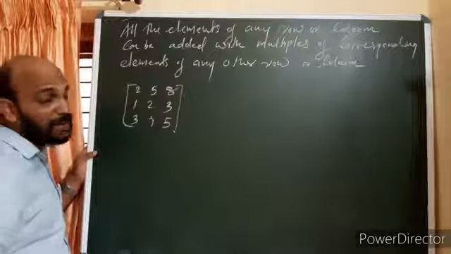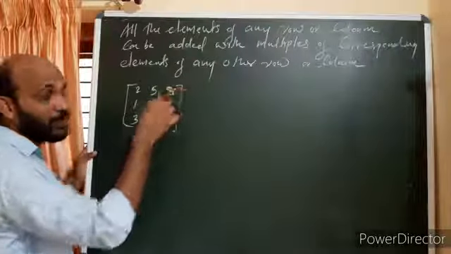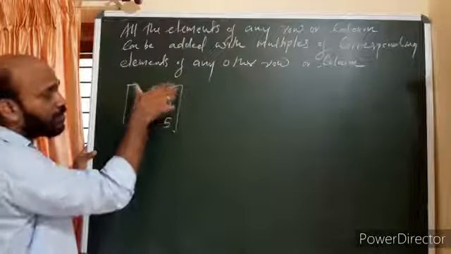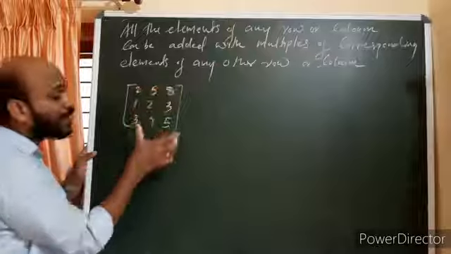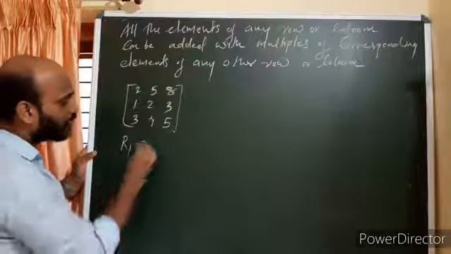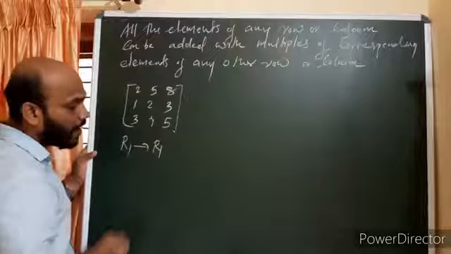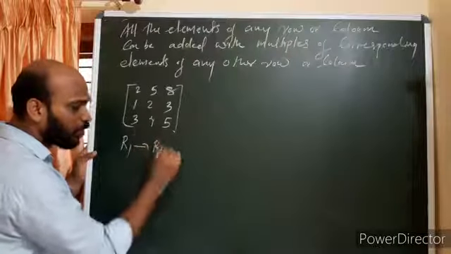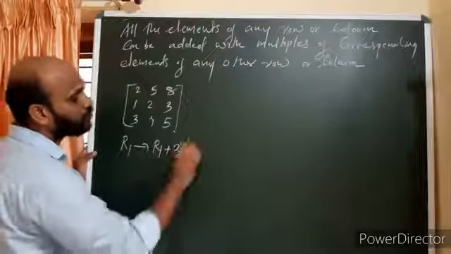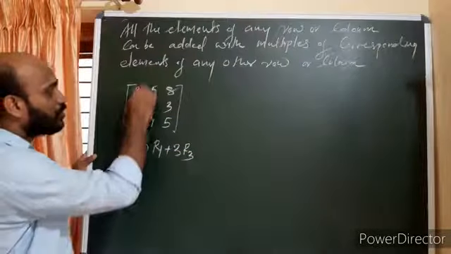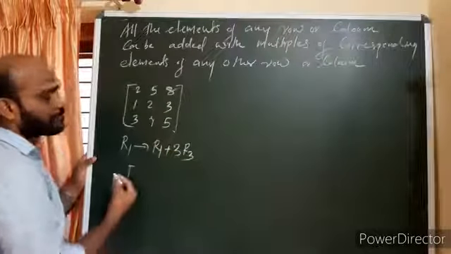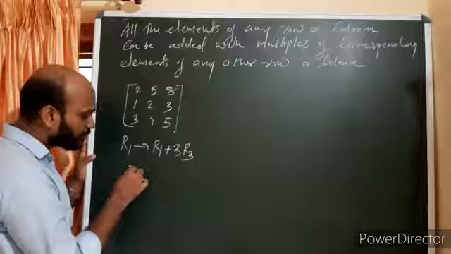Suppose to each element of row 1, I want to add 3 times row 3. So the rule I have to write like this: R1 changes to R1 plus 3 R3. To all the elements of row 1, I want to add 3 times row 3. 2 changes to 2 plus 3 into 3, right? So 2 plus 3 into 3 is 11.